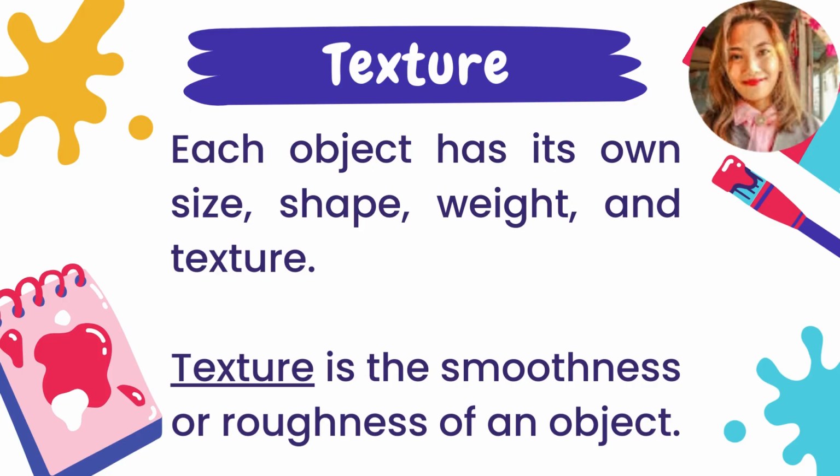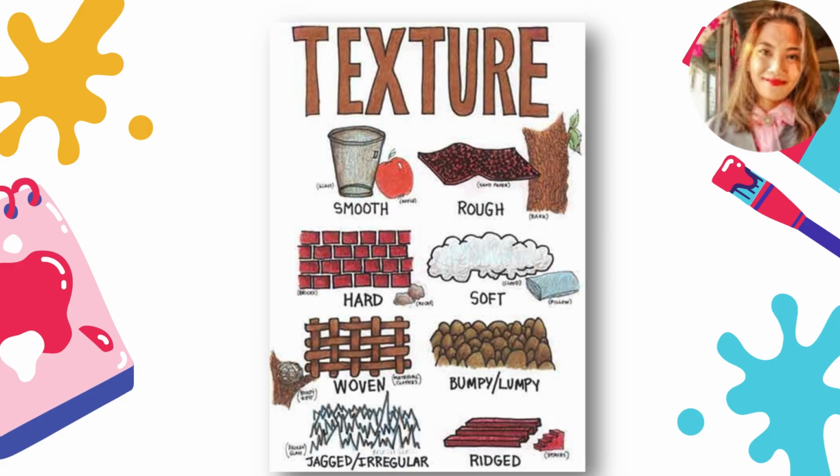If it feels silky or glassy, we say it is smooth, okay? And if it feels bumpy or gritty, we call it rough. So when we talk about texture, we are talking about the smoothness or the roughness of an object's surface. So that is texture. Now let's move on.